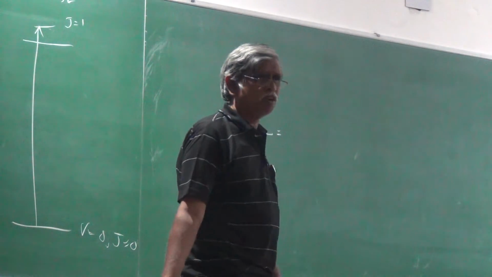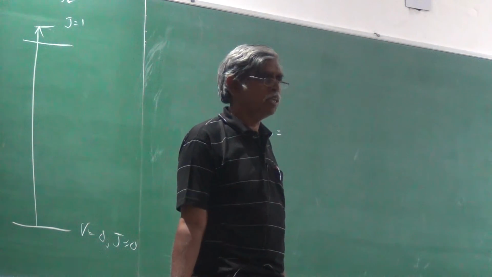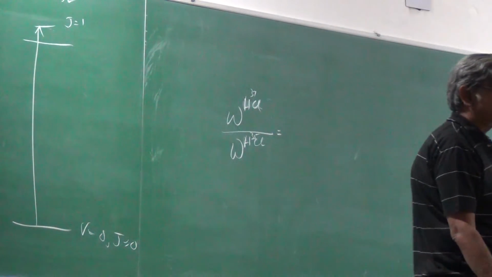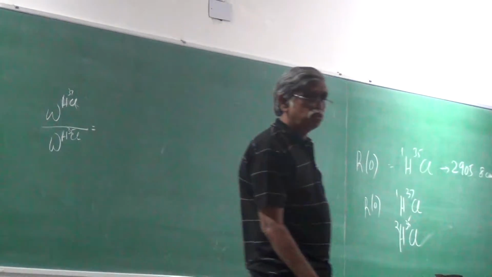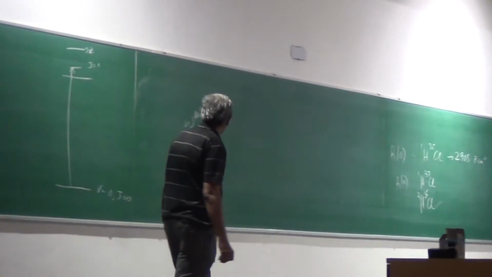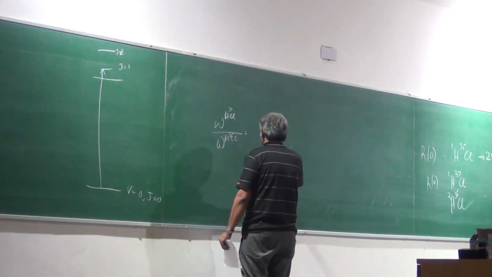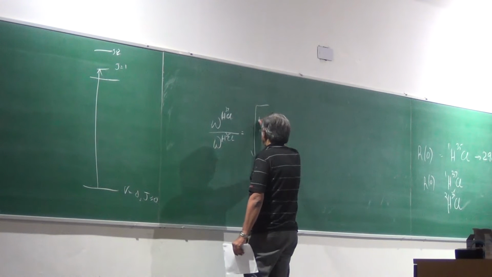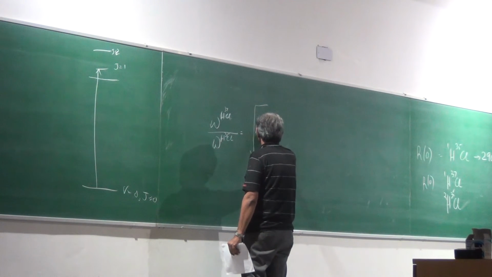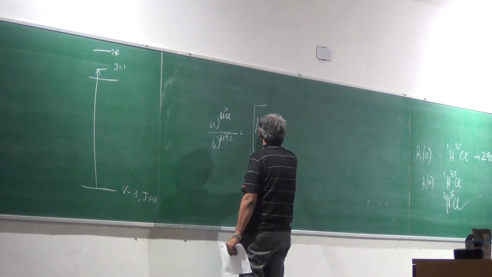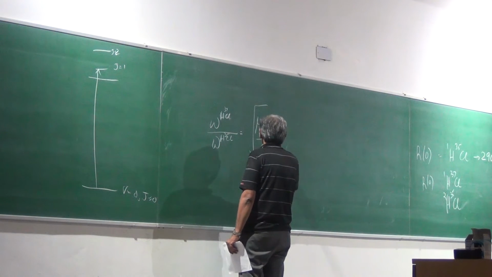So the force constant, which has to do with the curvature of the potential curve, stays the same. But what will change, of course, is your reduced mass. And when that changes, 2 pi is the multiplicative factor, which also will get cancelled off. And therefore you will have mu HCl 35 divided by mu HCl.